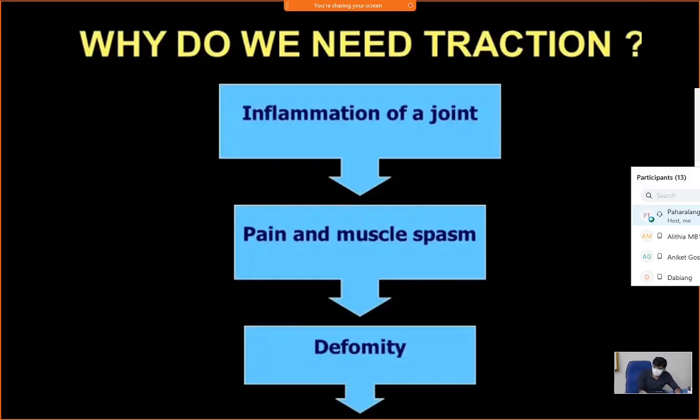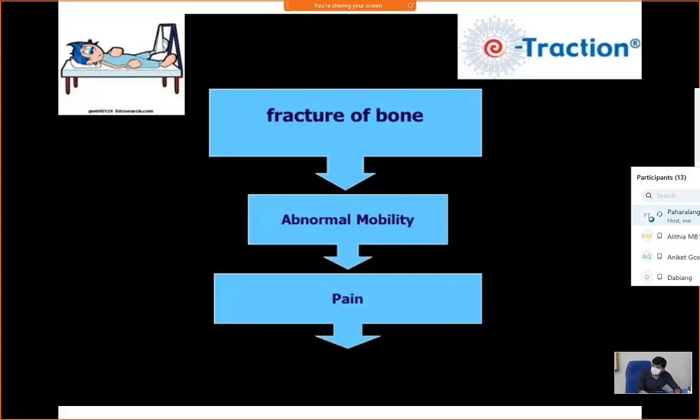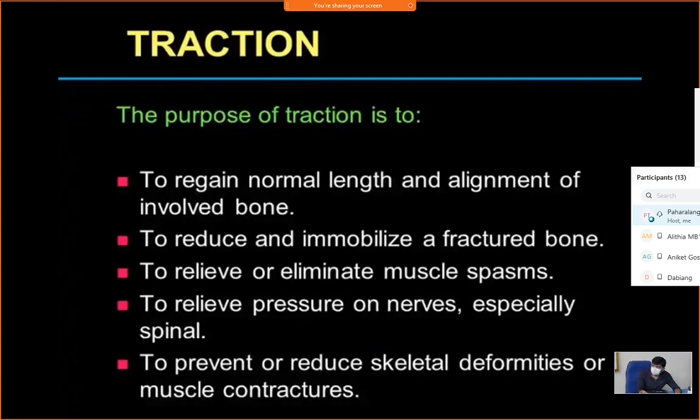In any inflammation of the joint, pain or muscle spasm, or any deformity of the limb, you can apply traction. Any fracture of the bone, abnormal mobility due to fracture, or pain due to fracture, we apply traction.